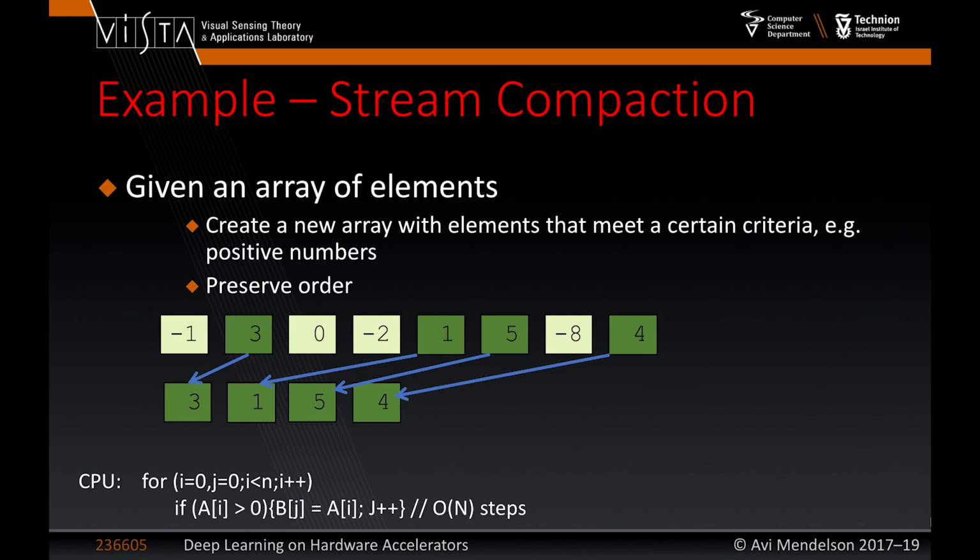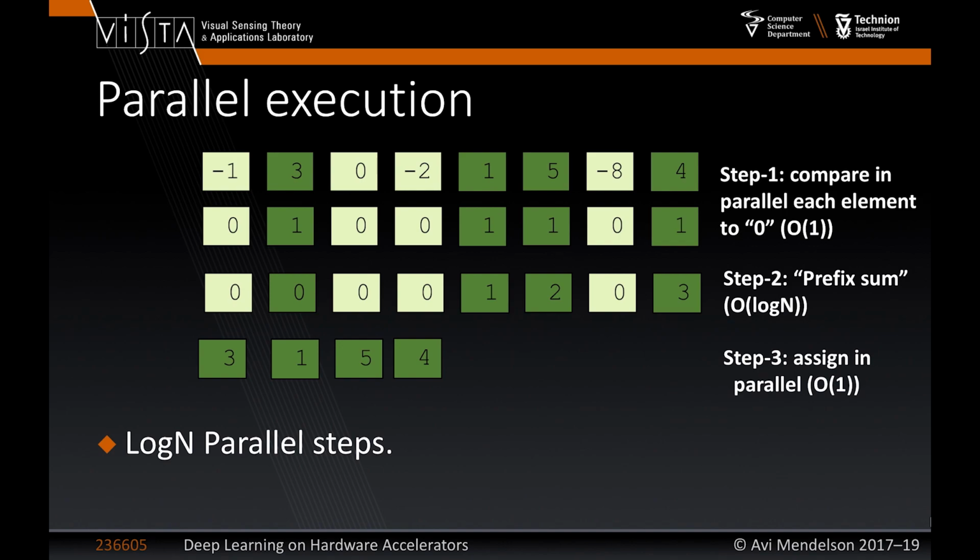If you take the same example and you run it on the GPU, what do you do? Since you have order n parallelism, each one of the elements will compare itself to 0 and will write to another vector 0 or 1. 0 meaning I passed the condition, 1 means I fail.